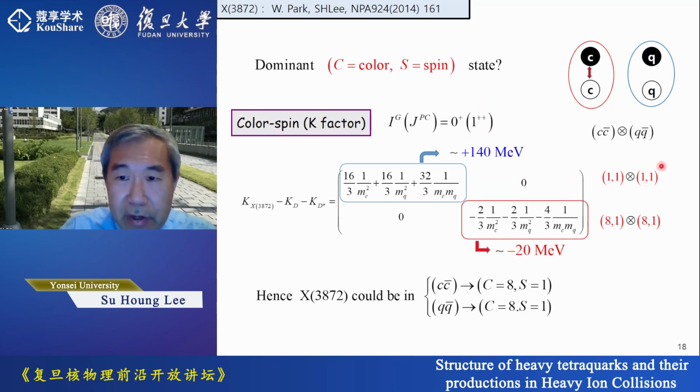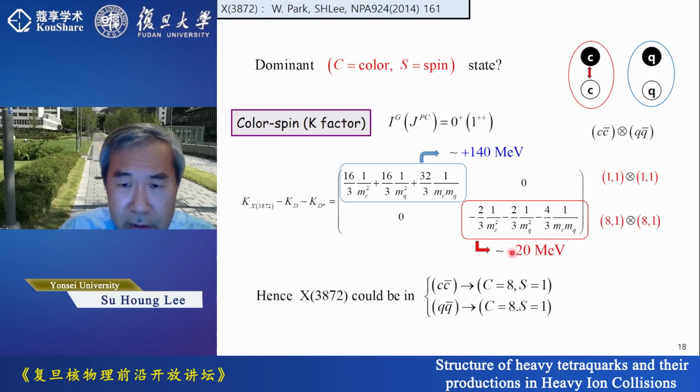Now, so therefore, I will construct the so-called K factor, assuming for the moment all the wave functions occupy similar sizes. Then you will find that the so-called color singlet spin 1, color singlet spin 1 is a repulsive channel, so you don't expect to have any attraction coming from this configuration. But there is a slight attraction coming from the color octet spin 1, color octet spin 1 configuration.